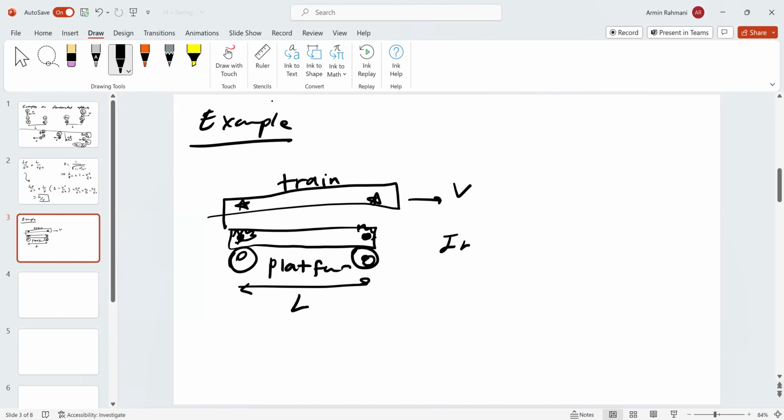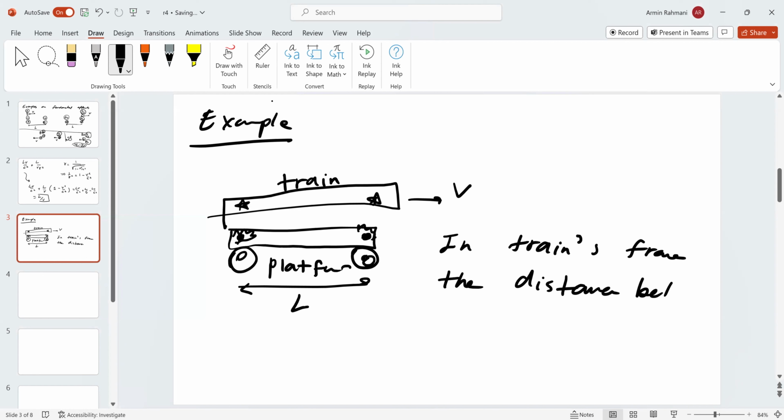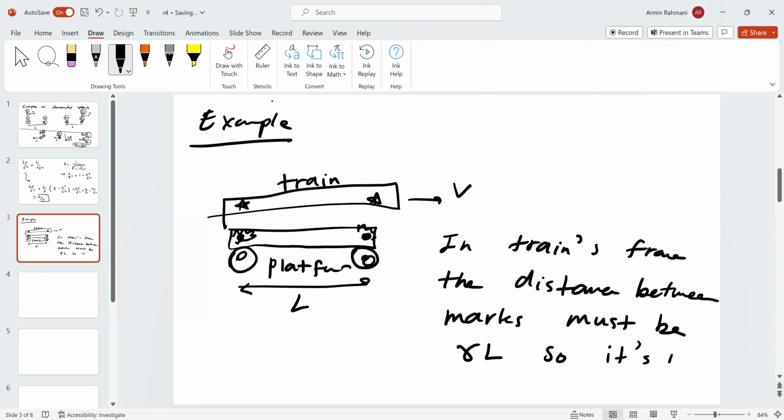So in the train frame, the distance between marks must be gamma L. It's measured as L in the platform frame because of length contraction.